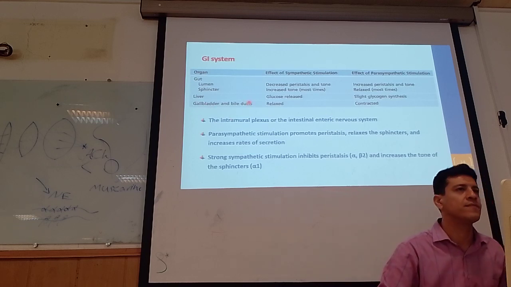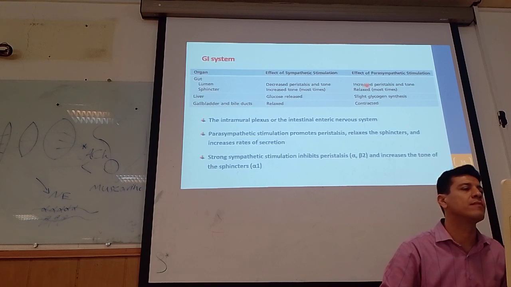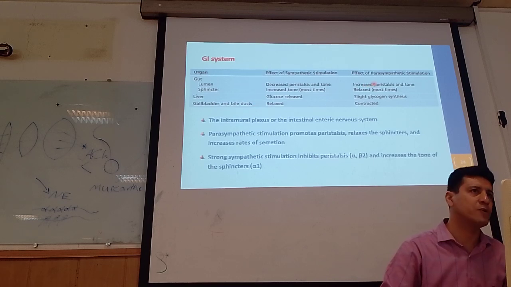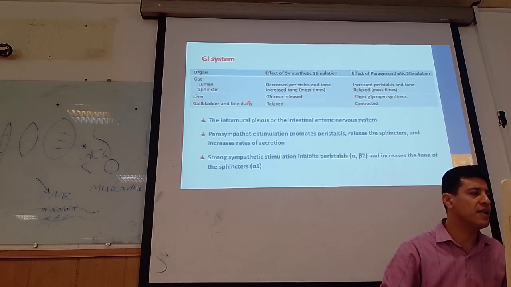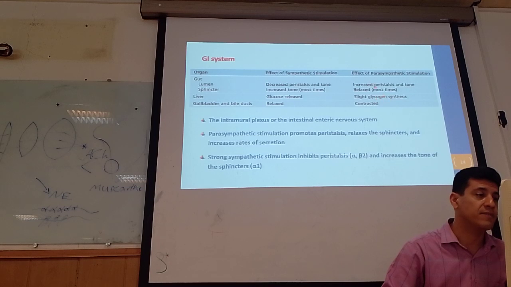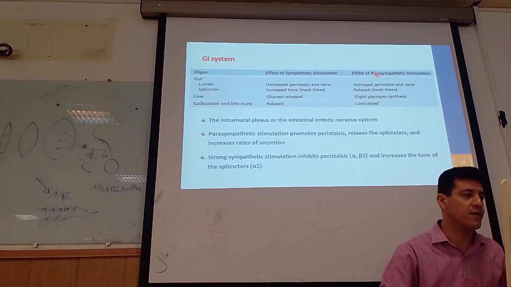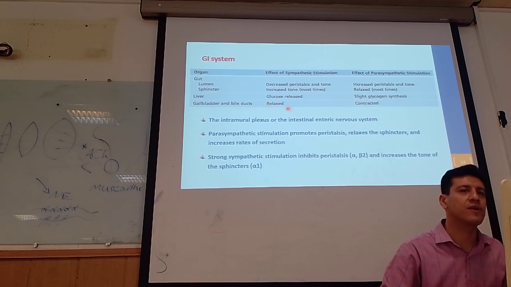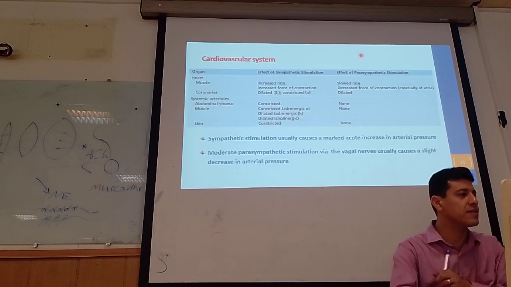Right? Parasympathetic increases the GI motility, motility and secretion also. Liver, glucose is increased by sympathetic activation, but glycogen is made by parasympathetic innervation. Gallbladder and bile duct are relaxed by sympathetic innervation, contracted by parasympathetic.